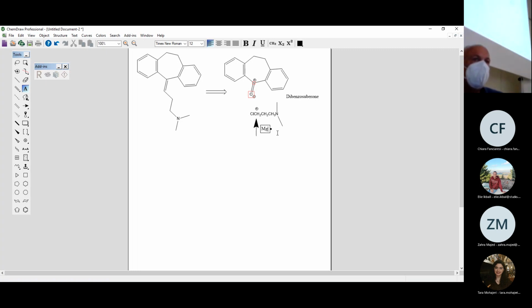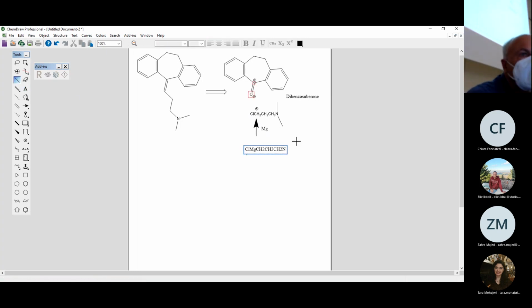What happens when we put magnesium inside this halogen solution? We have the formation of a Grignard reagent, Cl, Mg, CH2, CH2, CH2, nitrogen.